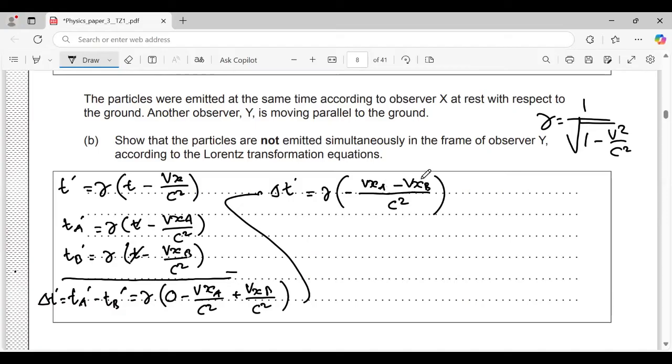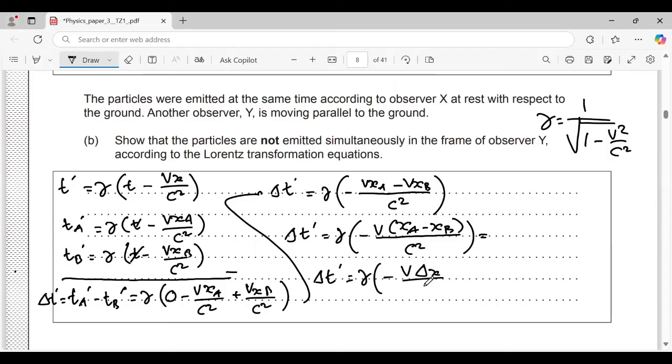This is delta t. It's going to be delta x, I mean, and then it becomes v times (xA minus xB) over c squared, and have it here: gamma times minus v delta x over c squared, that one.